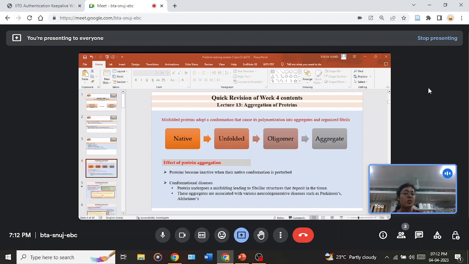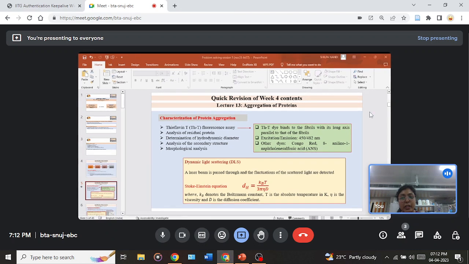When protein undergoes misfolding, it leads to fibrillar structures that deposit in the tissue, and these aggregates are associated with various neurodegenerative diseases including Parkinson's, Alzheimer's, and Creutzfeldt-Jakob disease. Various other prion diseases come under these conformational diseases. So any kind of protein aggregation can lead to various diseases as well.